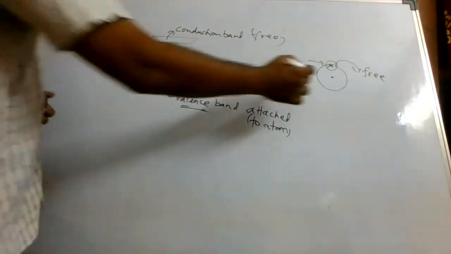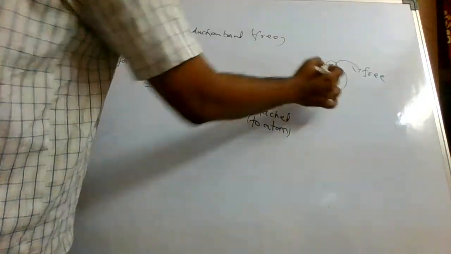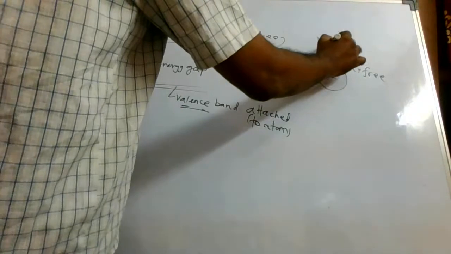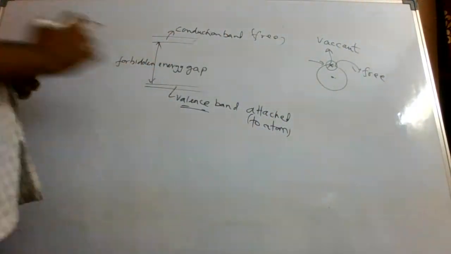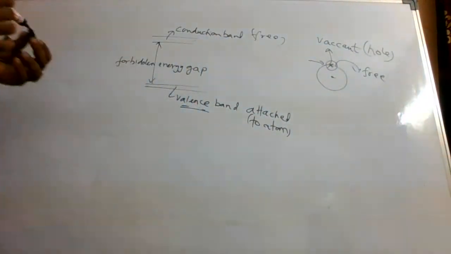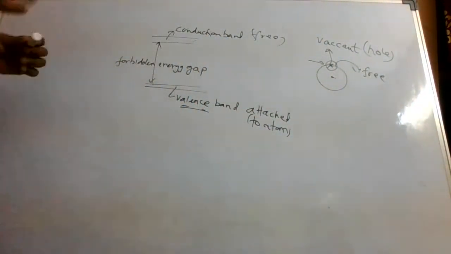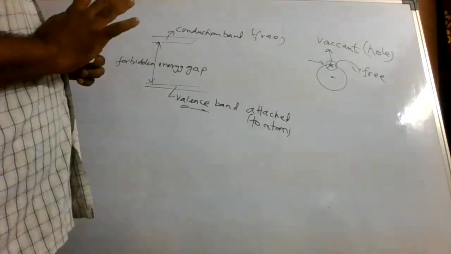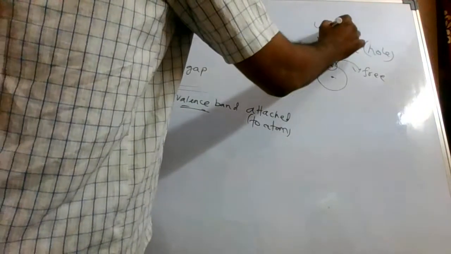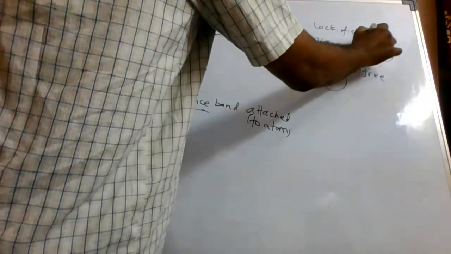No. The protons, neutrons are in the nucleus only. So that place is basically vacant. We call this a hole. Technical term is hole. So hole doesn't mean that you punch a hole there. It is not a physical hole. It means lack of electron.